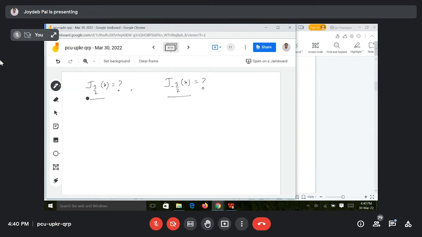How? By using those properties. You can use J half, J minus half directly here, but you have to apply some property. Which property? That is your choice.